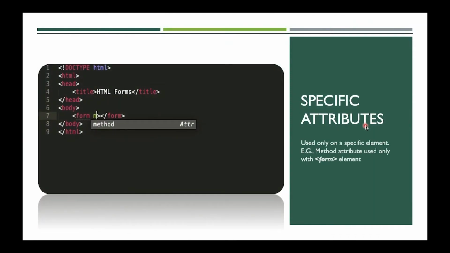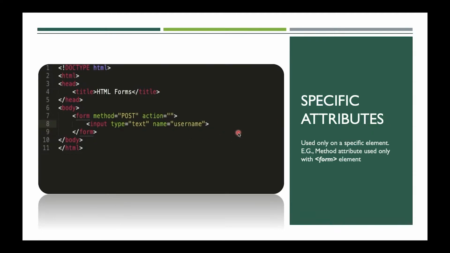Specific attributes, as the name suggests, are used only on a specific element within our web page. For example, the method attribute. It's only used with forms in HTML, right? The method attribute is basically telling the browser that we are using, let's say, a post method or a get method when we want to submit our form from the web page.